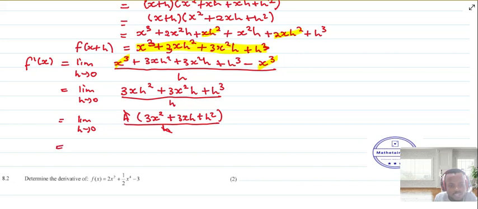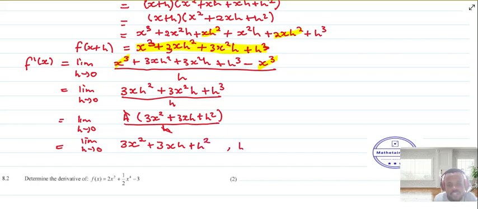You are now left with the limit as h approaches 0 of 3x squared plus 3xh plus h squared.